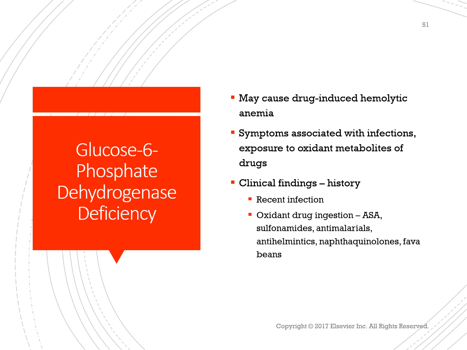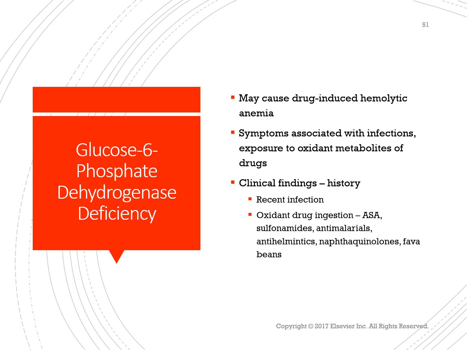Glucose-6-phosphate dehydrogenase deficiency, so usually you'll see this called G6PD deficiency. This may cause drug-induced hemolytic anemia. Symptoms are associated with infections and exposure to oxidant metabolites of drugs.